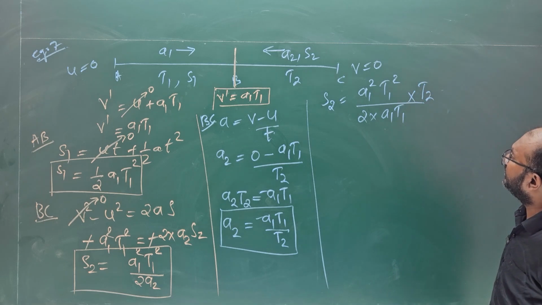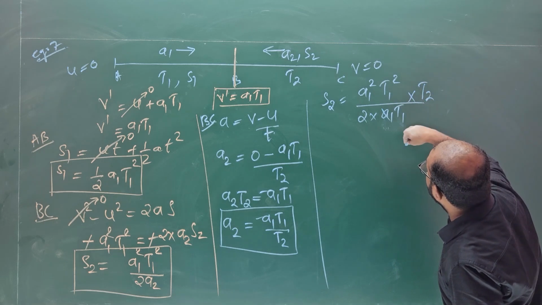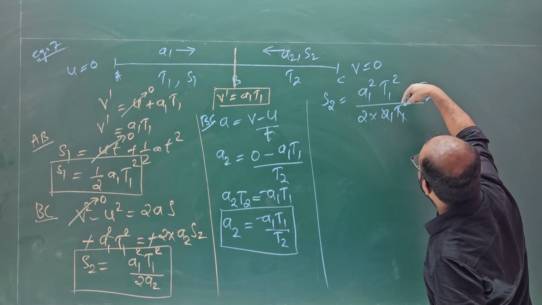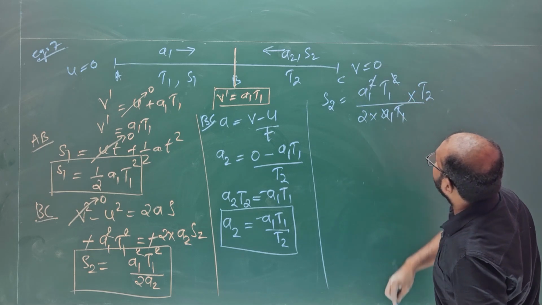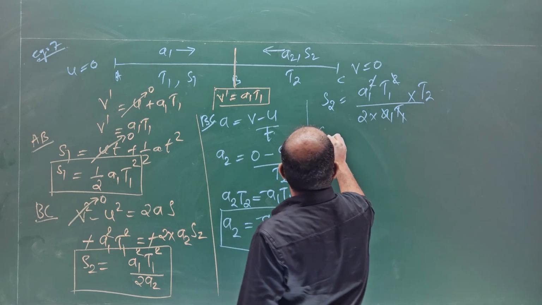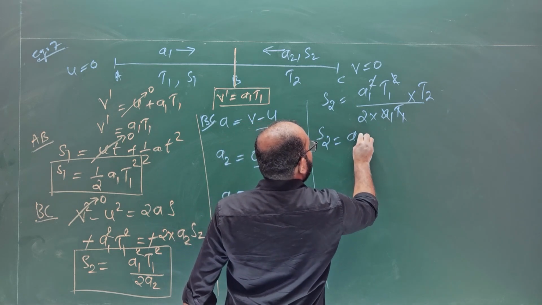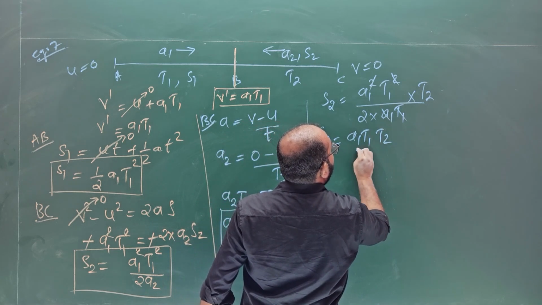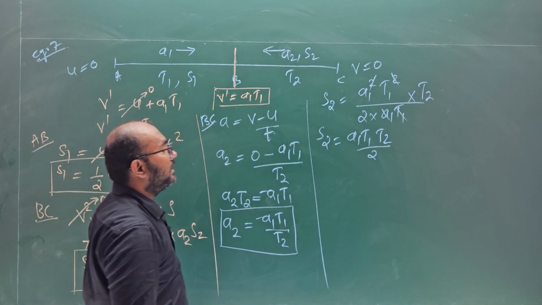Denominator goes to numerator. So A1 T1 cancel, over here 1 and this one get cancelled. So S2 gets written as A1 T1 T2 upon 2. Can I write like this?